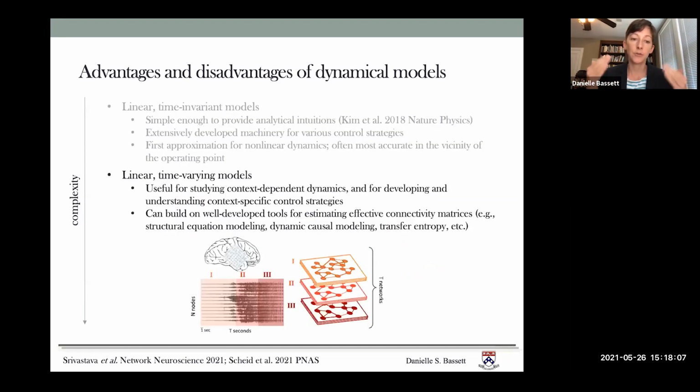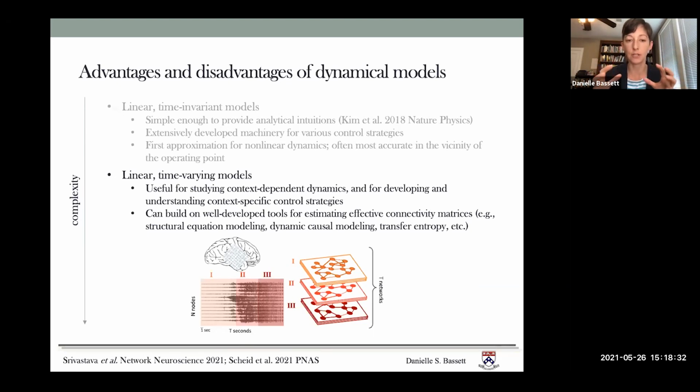But as we move then to linear time varying models, what are some of the strengths of ratcheting down in complexity there? Well, first, these are very useful for studying context dependent dynamics and for developing and understanding context-specific control strategies, because now you have an adjacency matrix that represents the effective flow of information at that time period, in that time window.